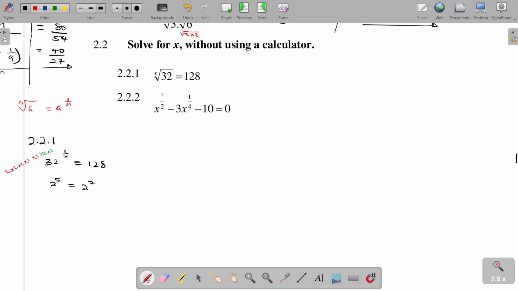But take note, this 32, which is 2 to the power 5, is being raised to the power 1 over x. On our left-hand side, we are going to apply another rule we discussed earlier: a to the power b to the power c is equal to a to the power bc. So we multiply the powers, and it becomes 2 to the power 5 over x must be equal to 2 to the power 7.